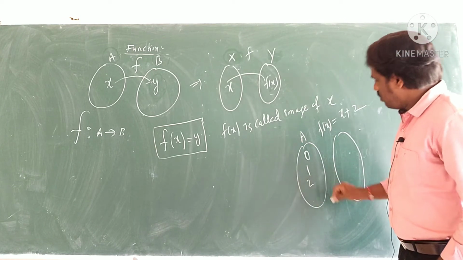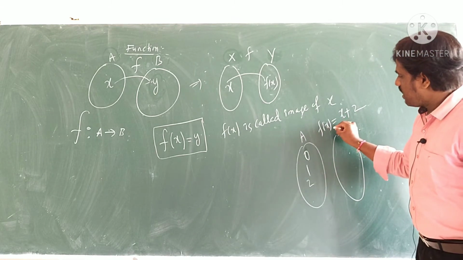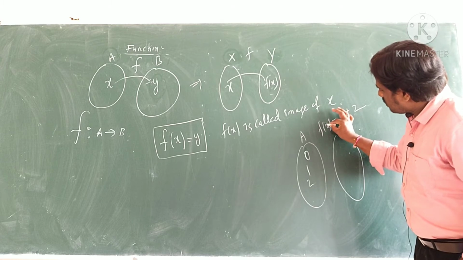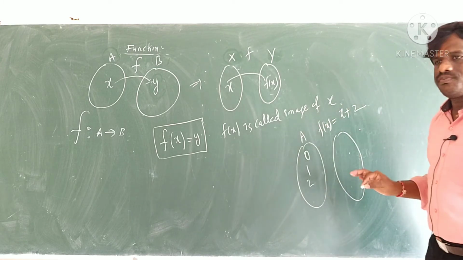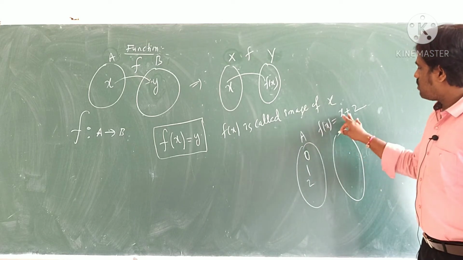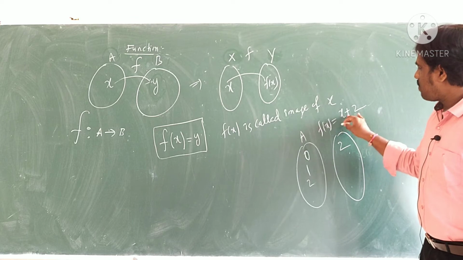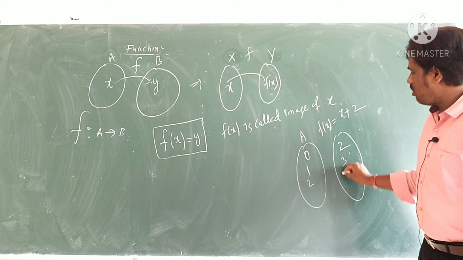So suppose you have 0, 1, 2. This function says that whatever you keep in it, it gives you that plus 2. If I keep 0, 0 plus 2, how much? 2. If I keep 1, 1 plus 2, how much? If I keep 2, 2 plus 2, how much?